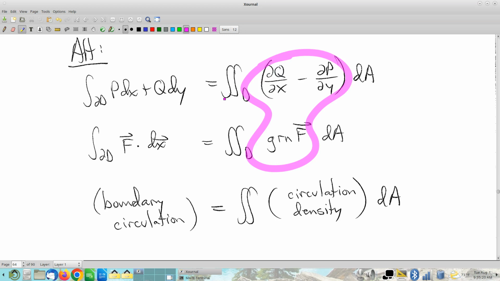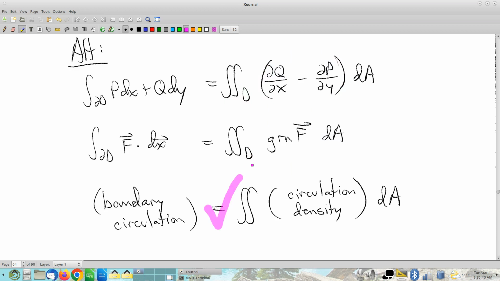Y'all have heard that term, curl. We haven't done much with it yet, but we will. For reasons that I'll explain when we get a little further along, I personally prefer not to call it curl, but some people do. So anyway, the big picture to keep in mind is that what we have here is an accumulation thought of as an integral of a density, just like with mass, and so that's the big idea.